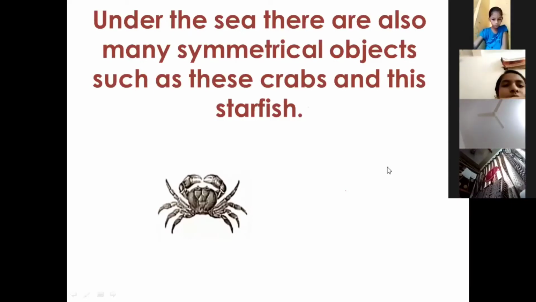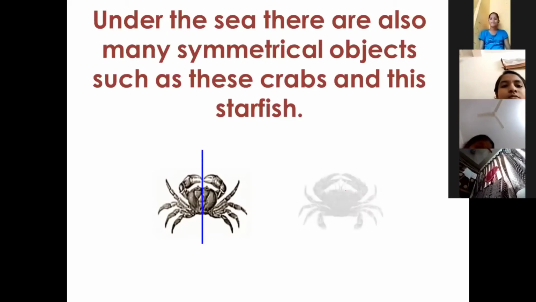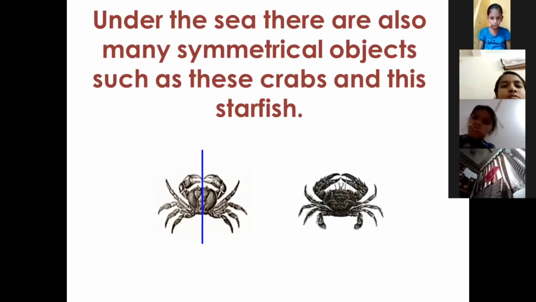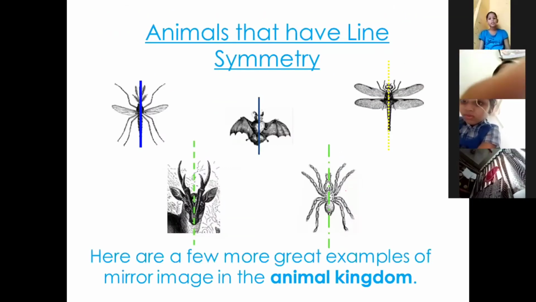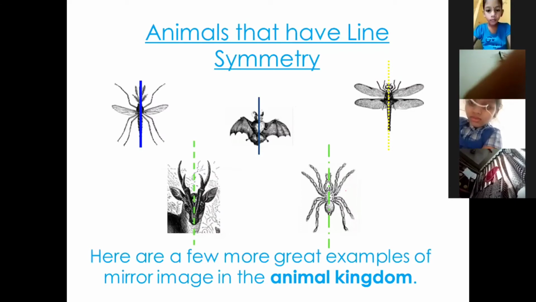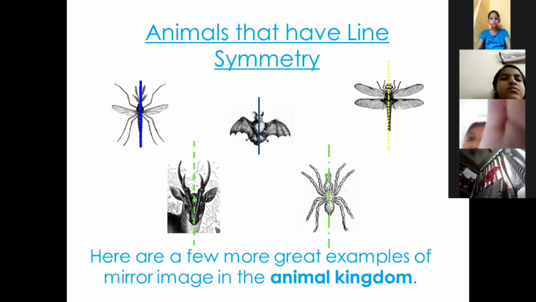See here. Does the crab have symmetry? Yes, very good. Then what about this? Now, animals and some insects. Observe this.